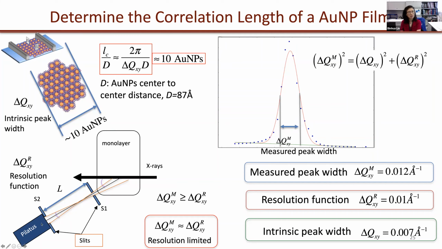And typically, you move the detector further away from the sample if you cannot tighten this slit anymore. And that's why you see this detector arrangement in small angle, and they're far away, sometimes 10, 20, 25 meters away to increase their resolution.